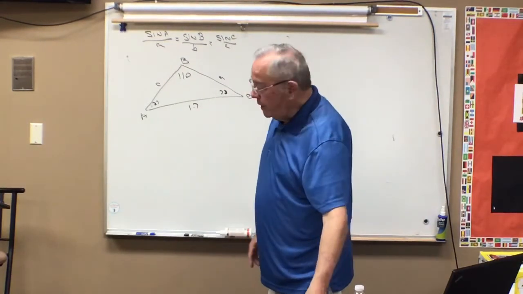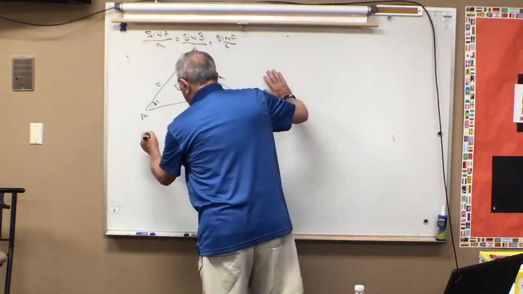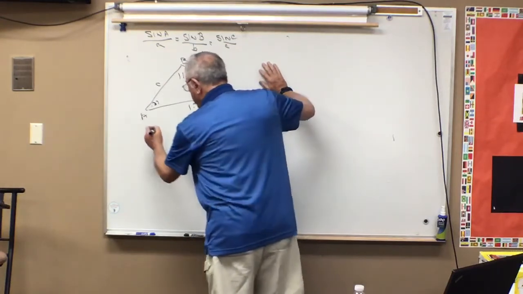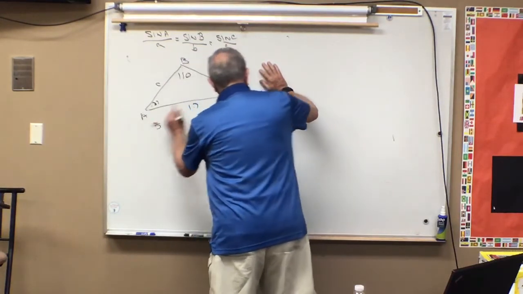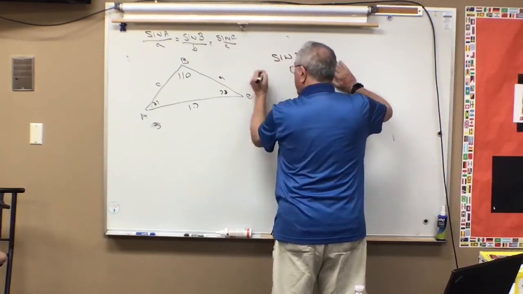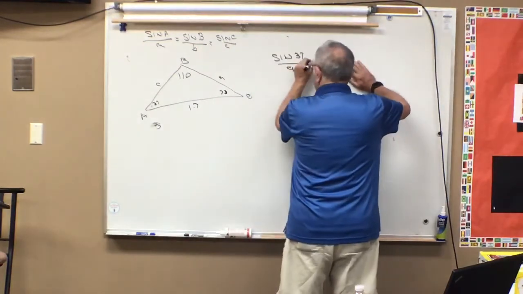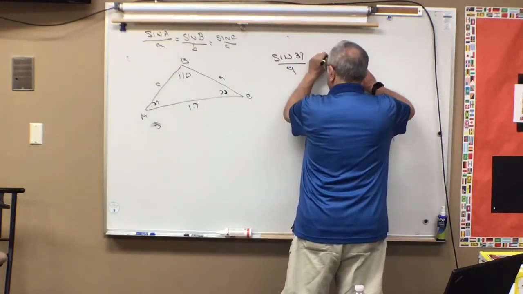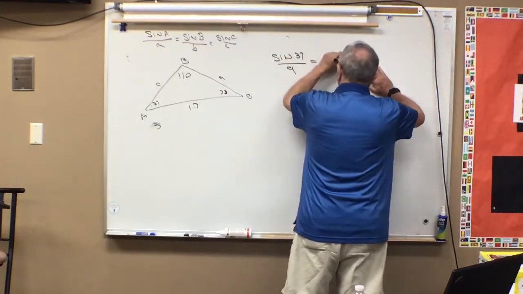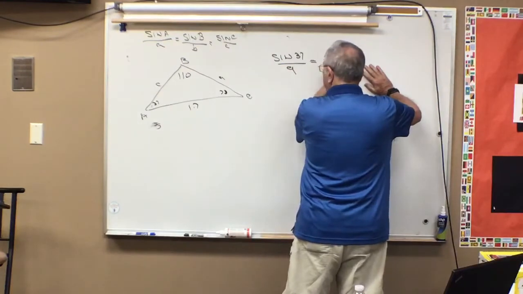Now I can do the problem, can't I? Because I need to find a, don't I? So a, right? So I know the sine of 37, right? Let's do it over here. So the sine of 37 over a, correct, equals the sine of what? 110 over what? 1.7.